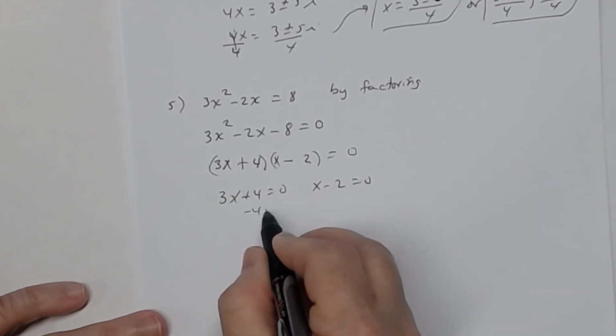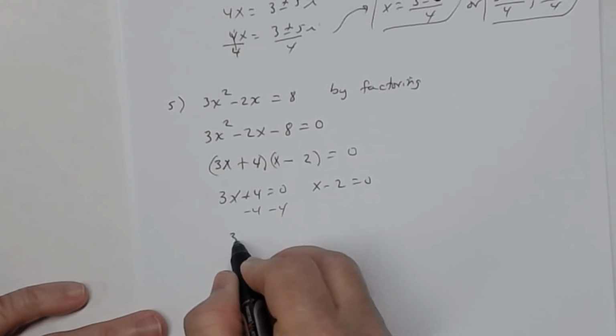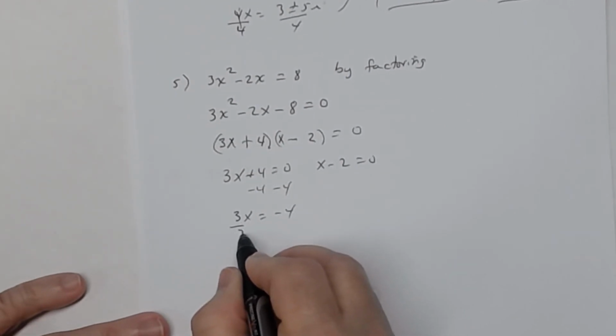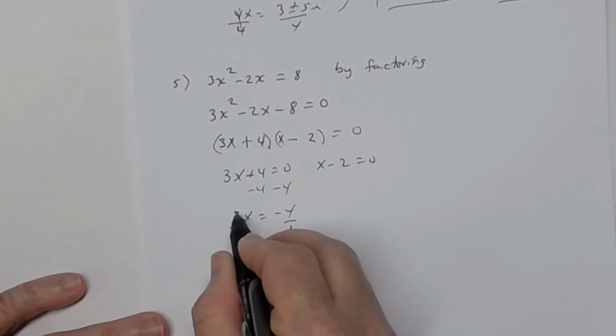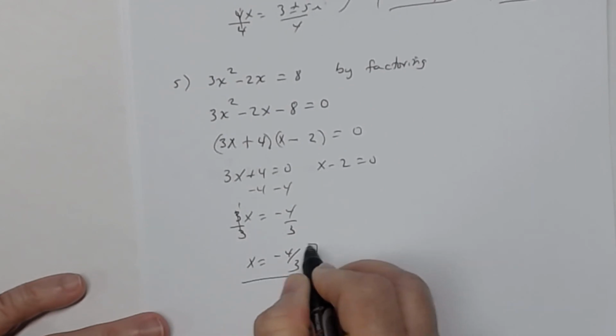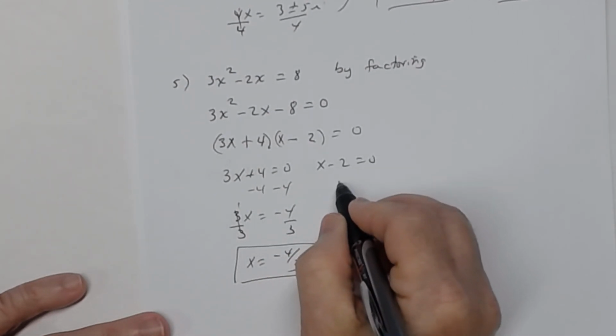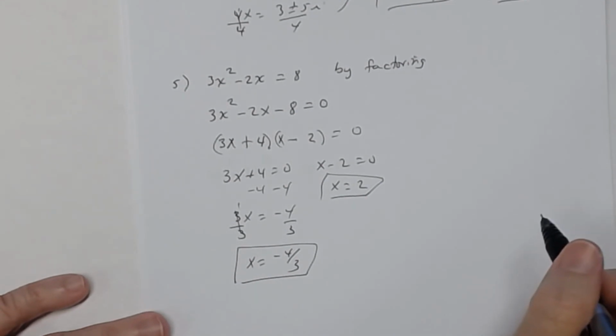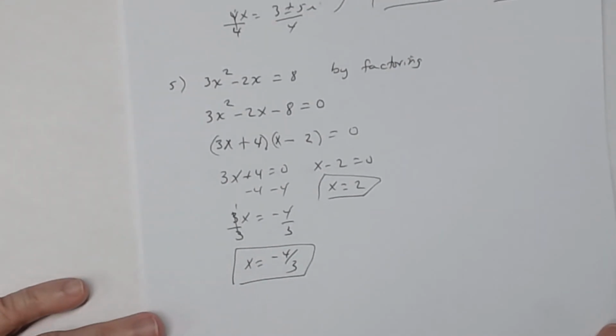So we're going to subtract 4 from both sides. So I get 3x equals negative 4. To get x by itself, I'm going to divide both sides by 3. And when I do that, I'm going to get one of my solutions to be negative 4/3. Over here, this is just x equals 2. So those are your solutions. So your solutions are negative 4/3 and positive 2.